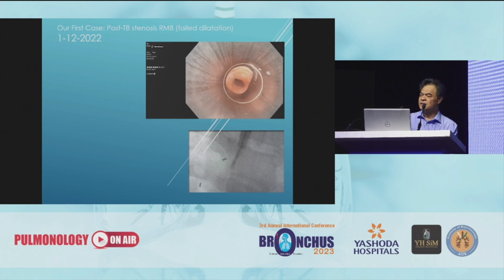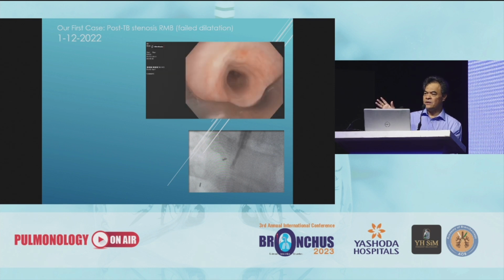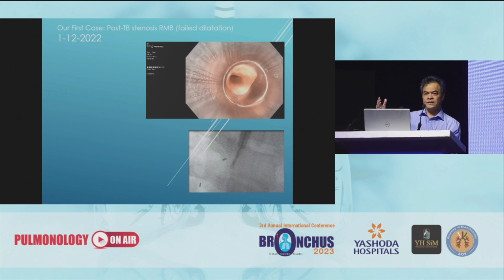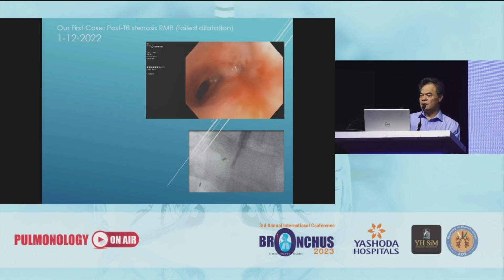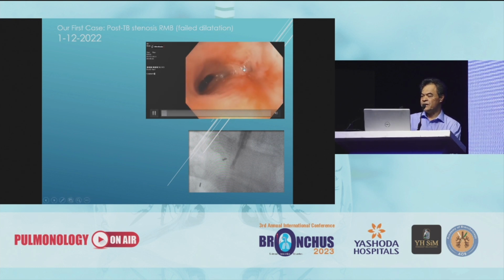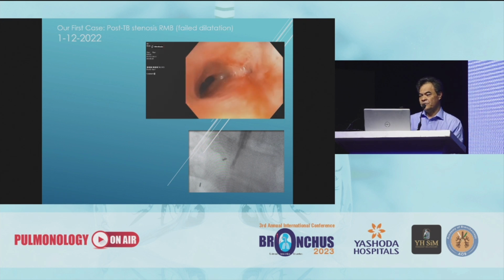This patient is a young patient with post-TB stenosis affecting the right main bronchus, failed dilatation, failed mitomycin C, not suitable for surgical resection. As you can appreciate there, the lumen of the right main bronchus, the ostium, was very small, and we could only dilate it so much.